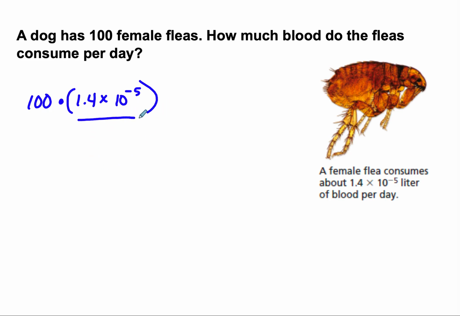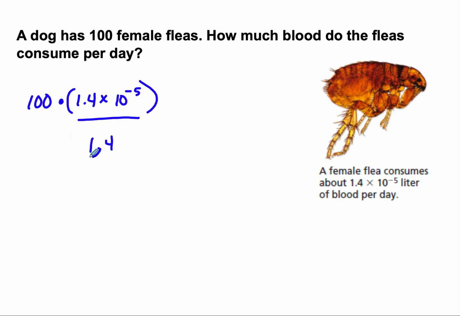All right, so I'm going to just change this into standard notation, and then I'll multiply it times the 100. We will look later in the chapter about how to do it with the number staying in scientific notation, but for today, we're just going to do it in standard form. Okay, so 1.4. 10 to the negative fifth means that I am moving my decimal place 5 places to the left because my number is going to become a decimal less than 1.